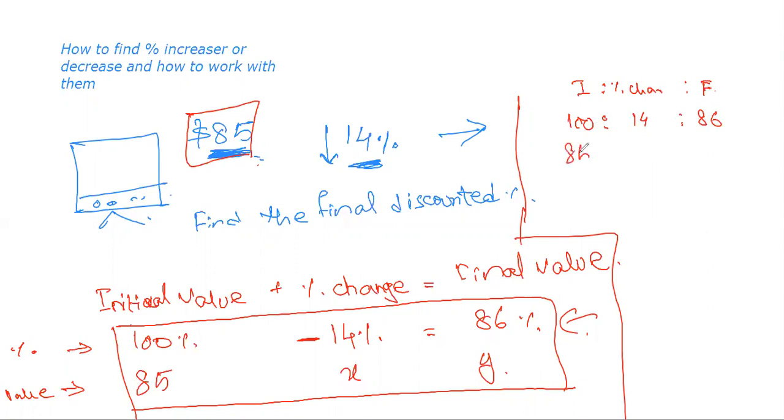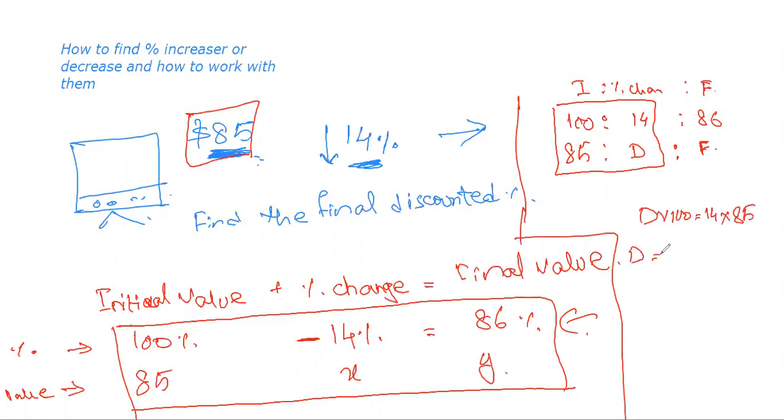Okay, now I'm ready to plug in values. Initial value is 85. This would be my discount because this is the 14% discount that the store is giving. And this would be my final discounted price. And let's call it F. Right? Now, if the question is asking me to find how much discount the store is giving, I can take these two, apply my ratios here. It will give me D times 100 equals 14 times 85.